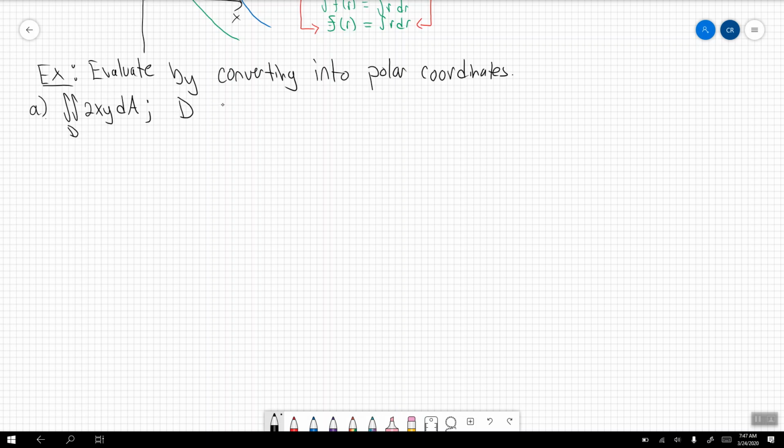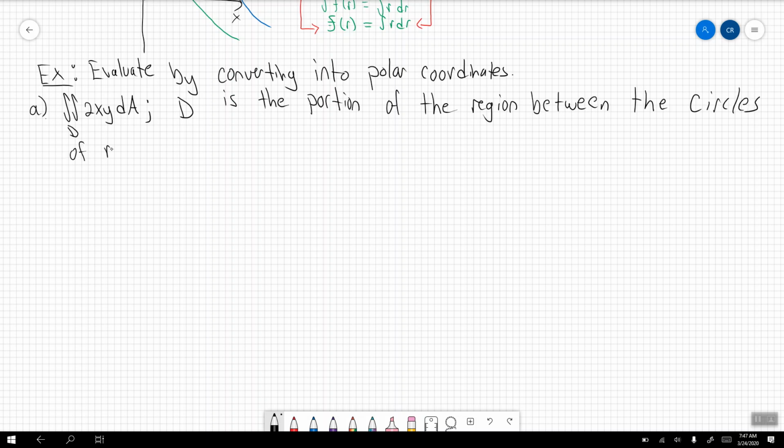And the domain or the region is the portion of the region between the circles of radius 2 and radius 5, centered at the origin, that lies in quadrant 1.